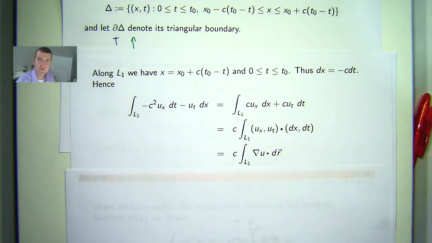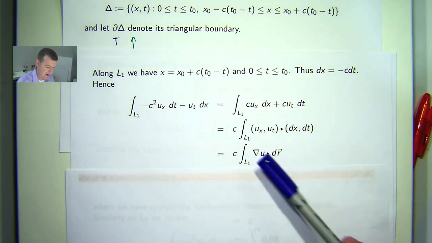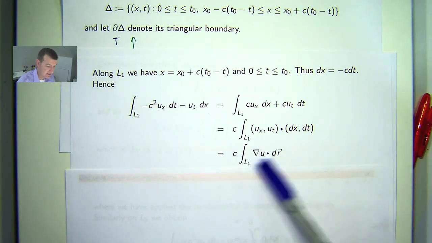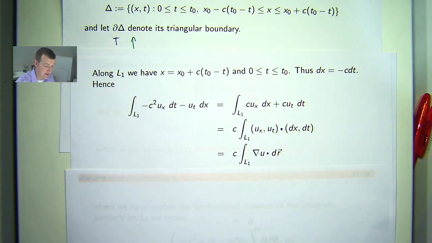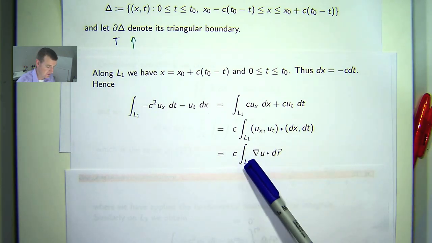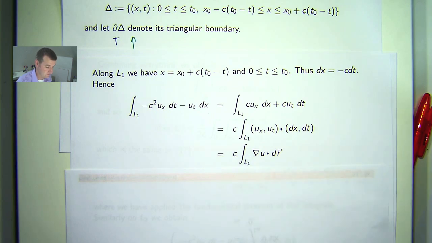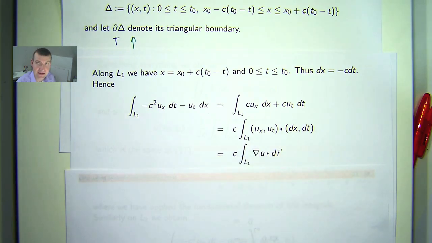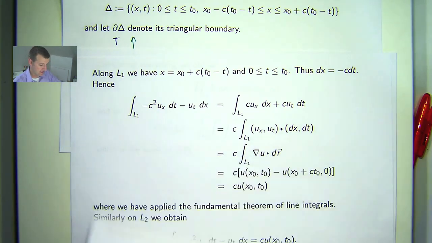Now there's a special theorem for evaluating line integrals of gradient fields. It's called the fundamental theorem of line integrals. Essentially it just means that this expression is independent of the path. So the path, how we get from one end of the line to the other, doesn't matter. It only depends on the endpoints of the line segment.